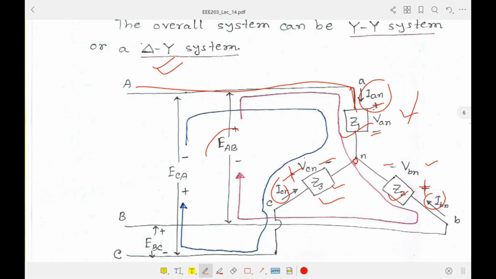And then this EAB is basically the line voltage from A to B. That's why at point A we have given the plus symbol, and towards point B we have given the minus symbol. And since this is ECA, this is plus towards our phase C, and minus towards our phase A. And similarly the EBC as well.